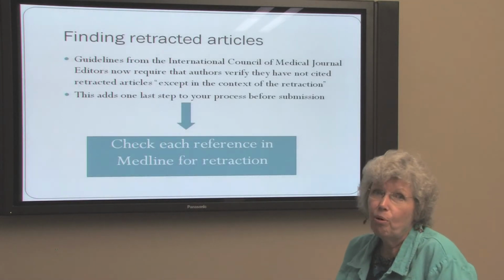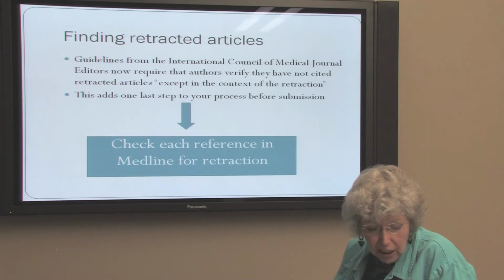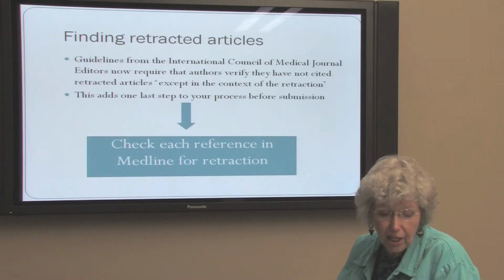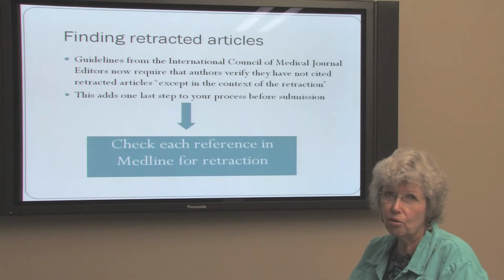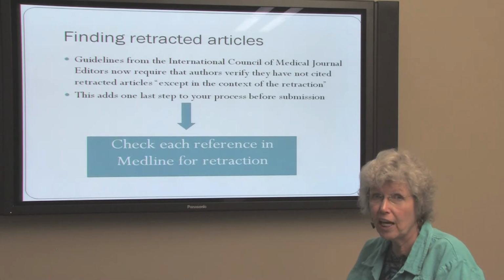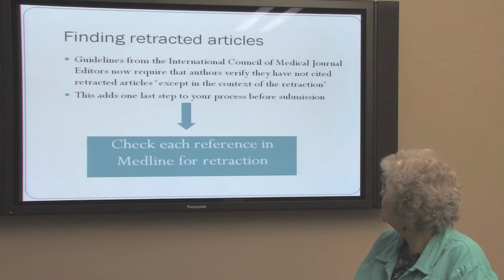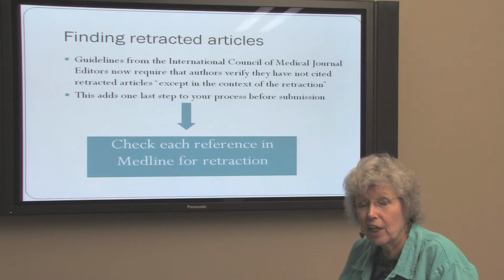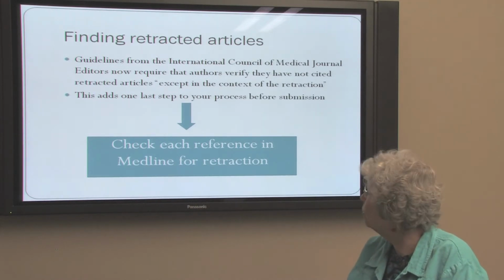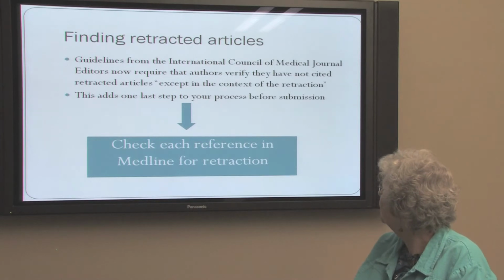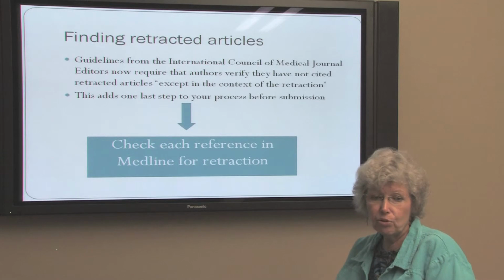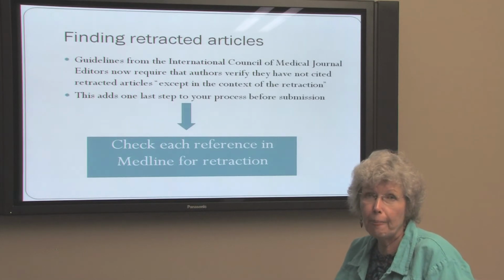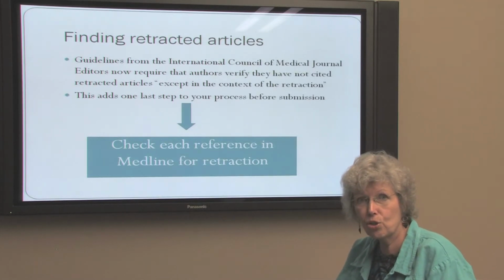And why is this important? Well, the ICMJE guidelines again say that authors should attest when they submit their articles that they have not cited a retracted article except in the context of it being retracted. So in other words, if you're doing a review of the literature, you could say this is how you did your search.